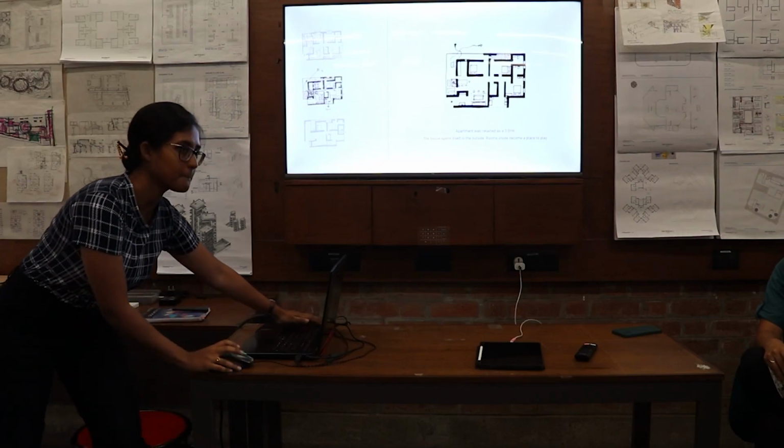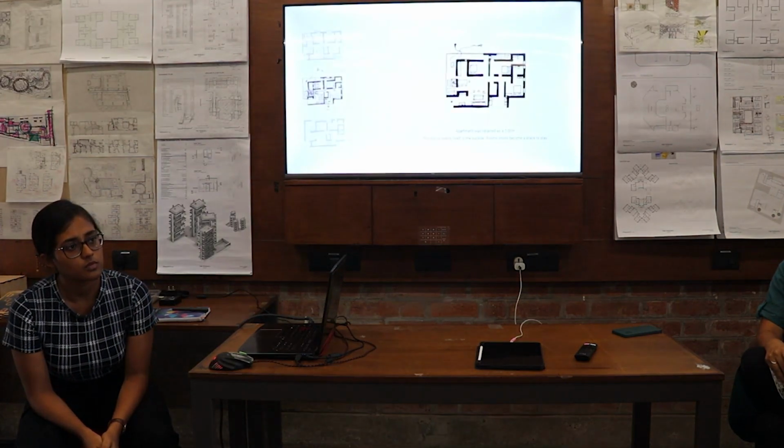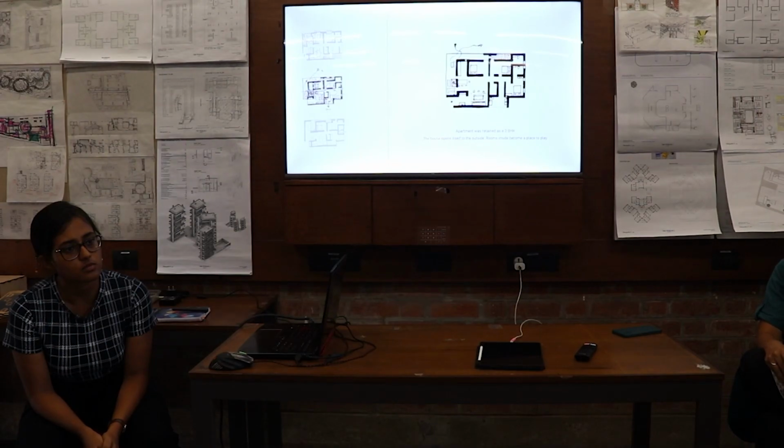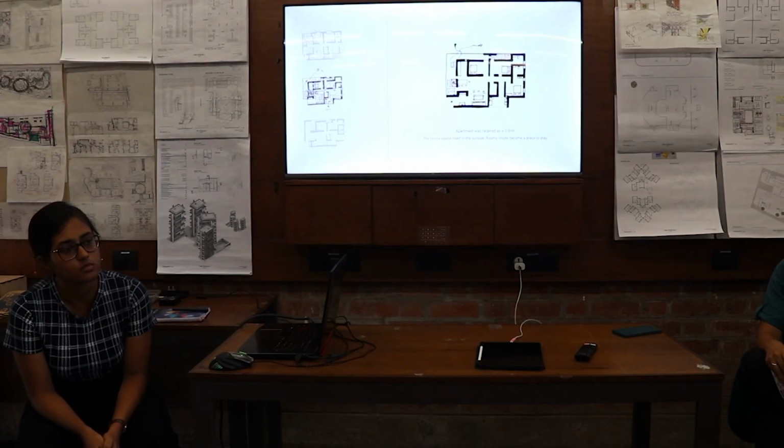So what would you say is, I mean, the common thing in both the presentations is the idea of the open space in the house or attached to the house. So how do you look at the open space in the house?